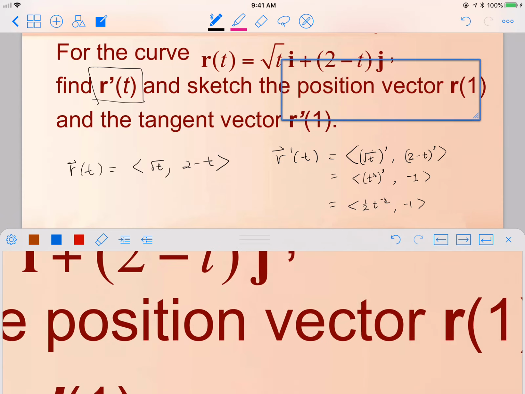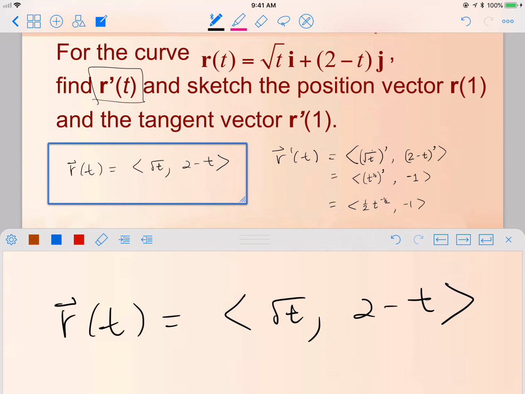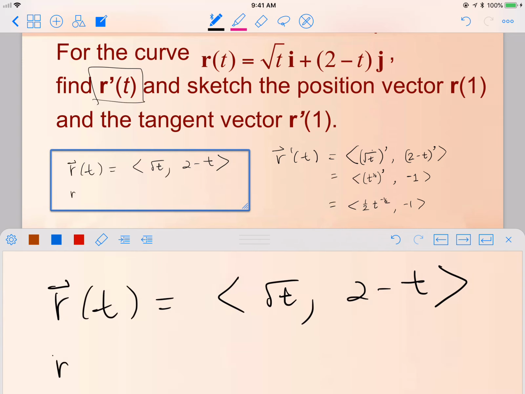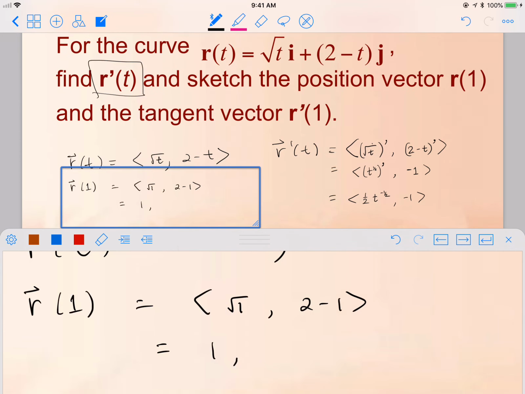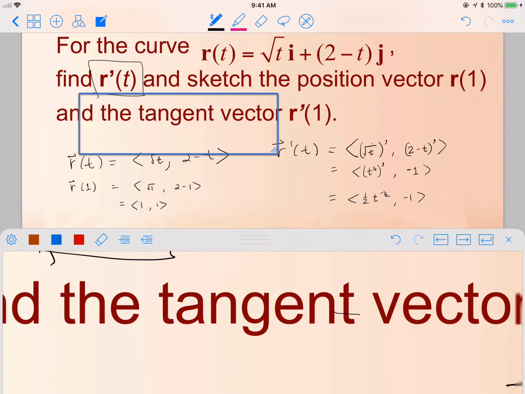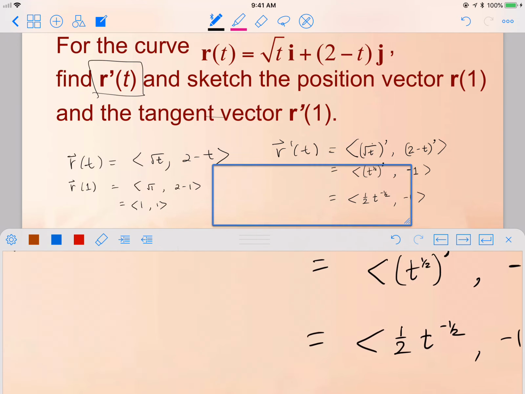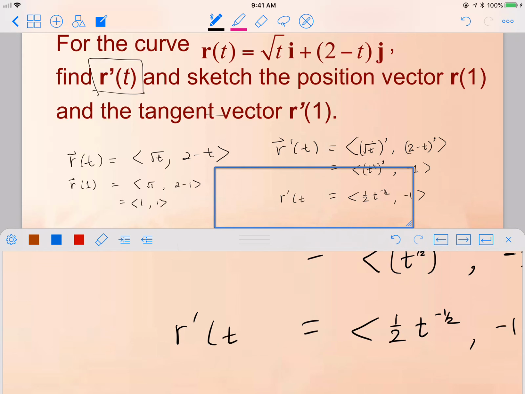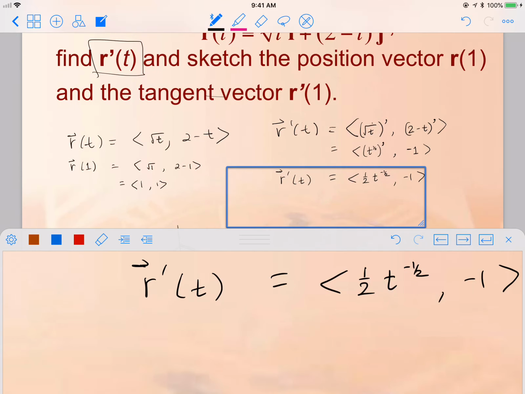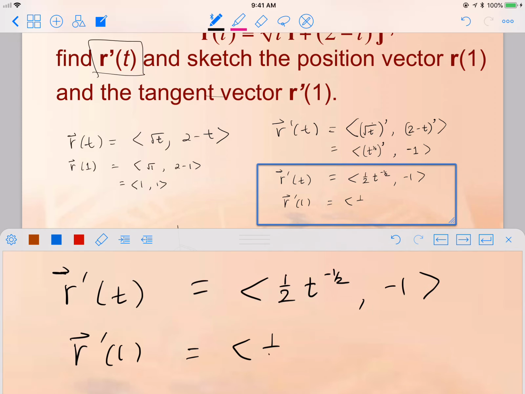Now, the position vector r of 1, if this is the formula that gives us a vector when we put in a value of t, we want r of 1, and that's just going to be the square root of 1, comma 2 minus 1. So we'll just have 1, comma 1. And now the tangent vector r prime of 1, well, if this is our formula for r prime of t, then r prime of 1 would just be equal to, we're just going to plug in t equals 1. 1/2 times 1 to the negative 1/2, comma negative 1.